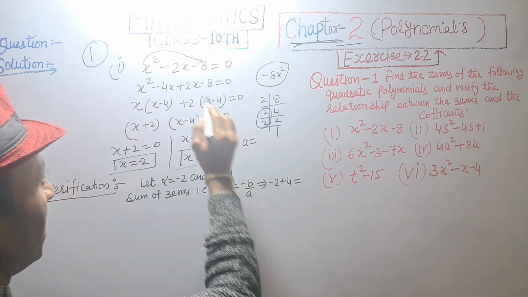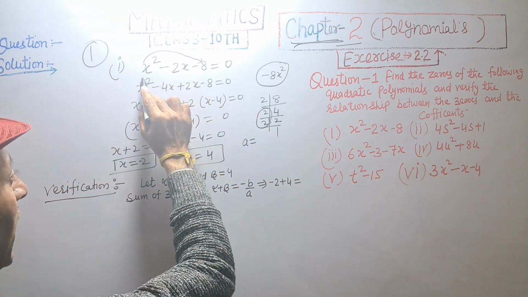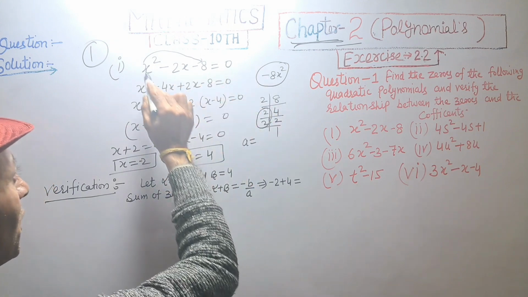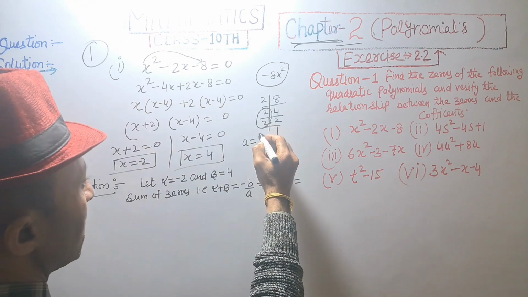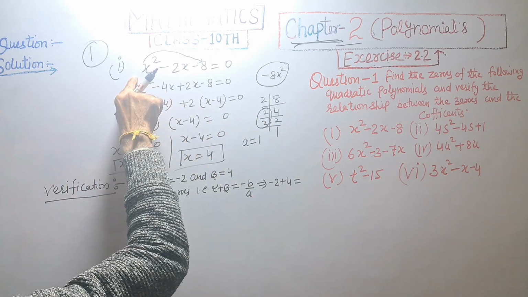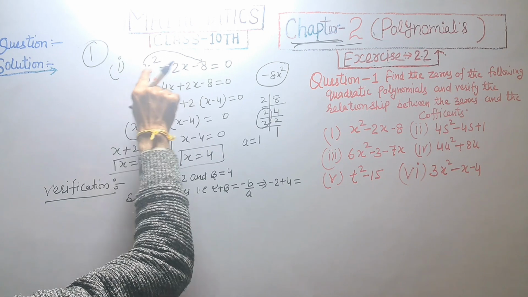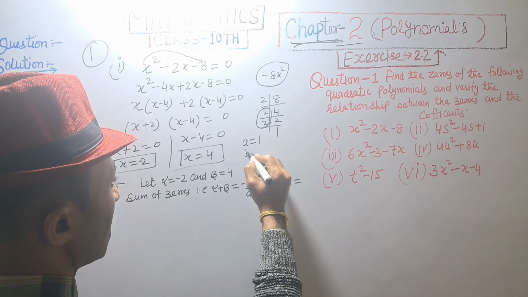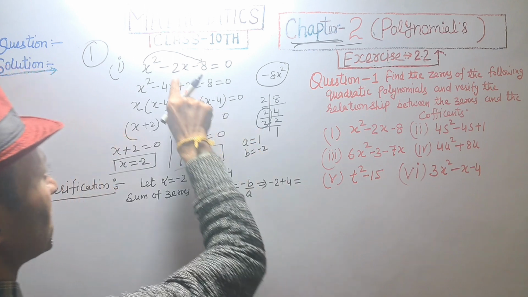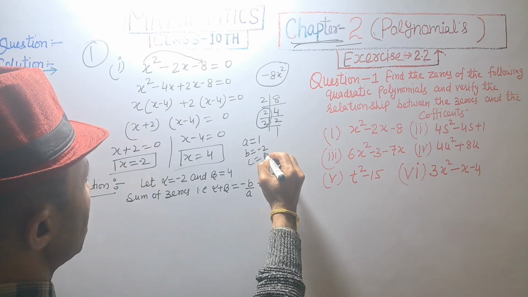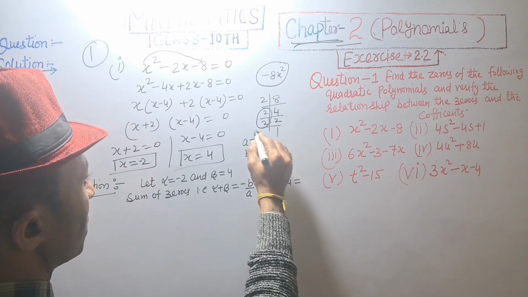Value of a: comparing this equation with ax square plus bx plus c is equal to 0, the value of a in this equation is equal to 1, coefficient of x square, and coefficient of x, that is value of b, b is equal to minus 2 and c is equal to minus 8.